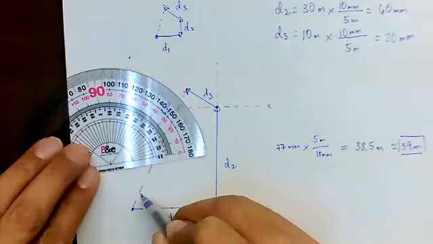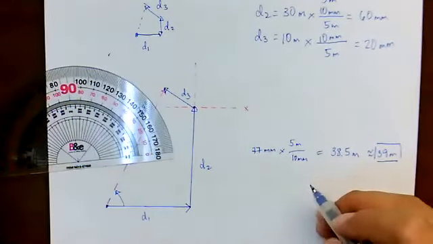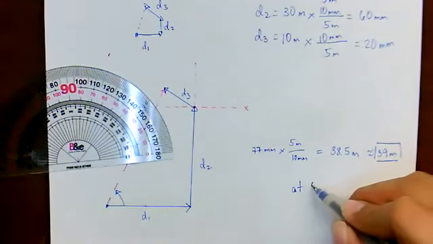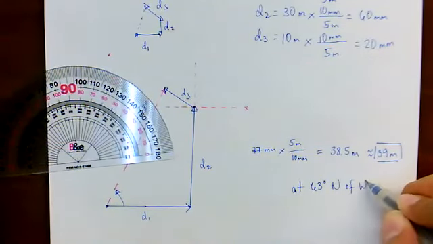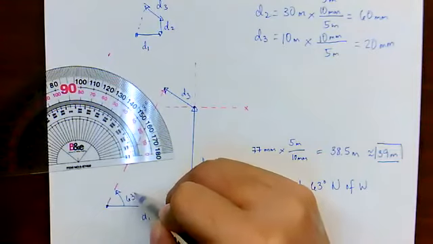So we write 39 meters at 63 degrees north of west. This is 63 degrees.